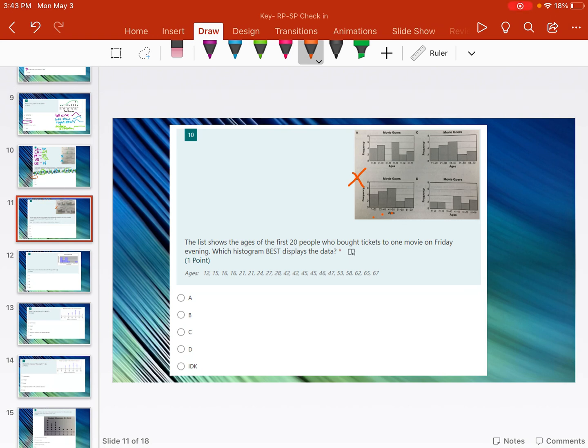Okay, so now what I would do is break it up into these groups. For A, it's 11 through 20.